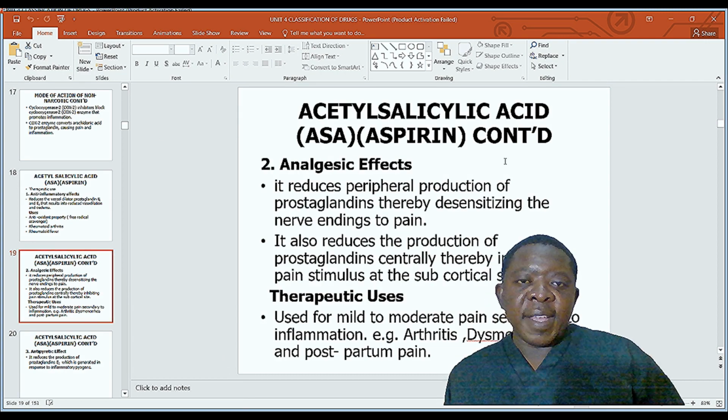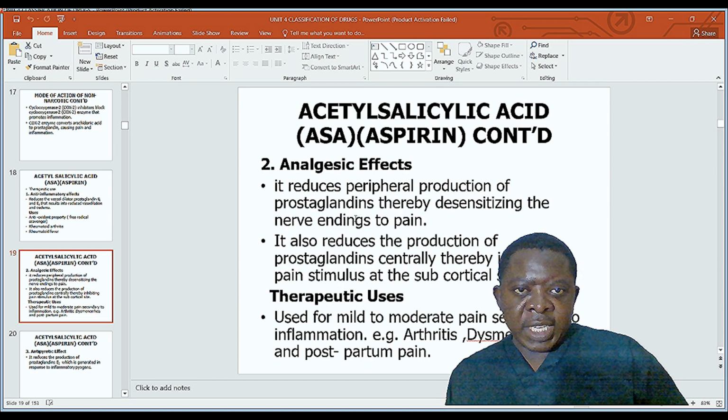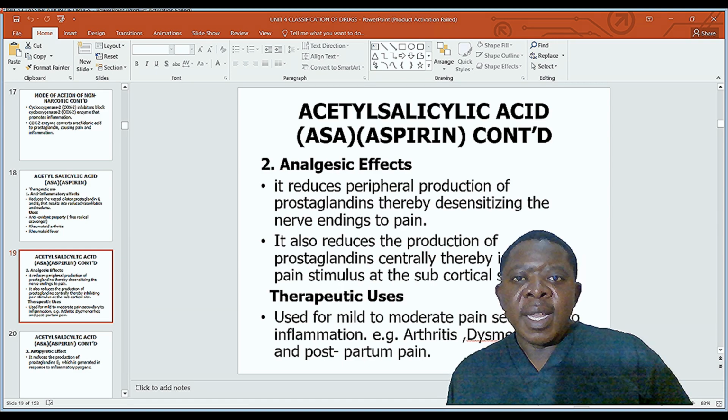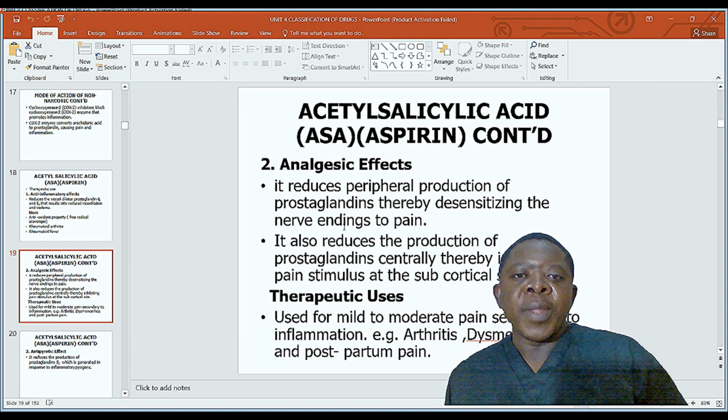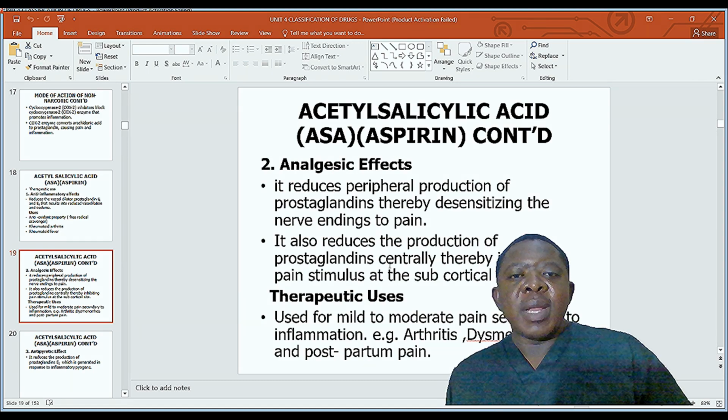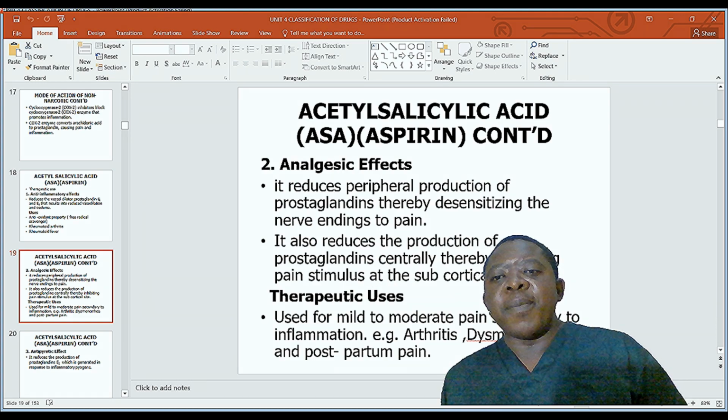Analgesic effect of aspirin: it reduces peripheral production of prostaglandin, thereby desensitizing the nerve endings to pain. It also reduces the production of prostaglandin centrally, thereby inhibiting pain stimulus at the subcortical site.